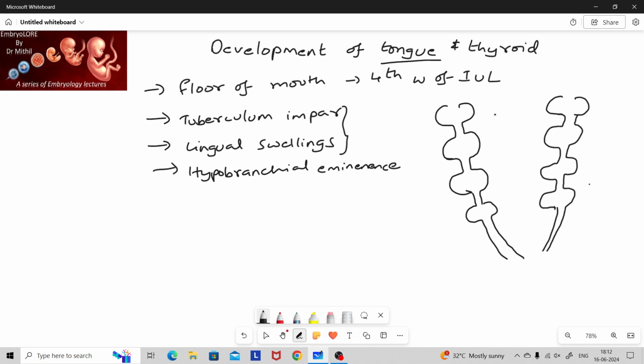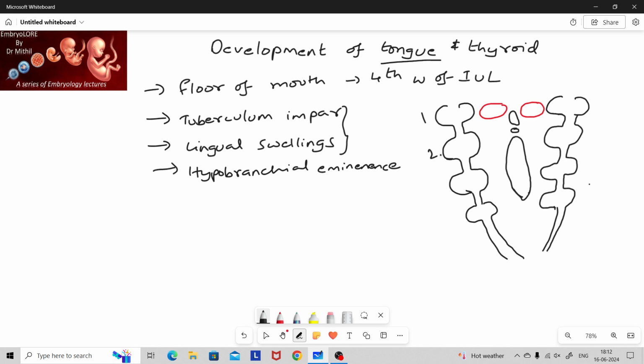In relation to the first arch, there appear the two lingual swellings. Then there is a midline swelling called the tuberculum impar. Behind that there will be the foramen cecum, and then behind that the hypobranchial eminence, which extends almost till the fourth arch.